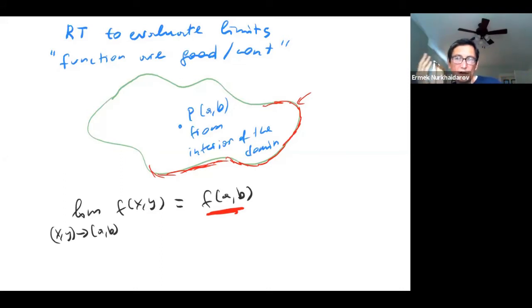So all our regular functions, polynomials, logs, trig functions, as long as we are staying inside of the domain, are going to be continuous. So to take the limit, all we'll have to do is just plug in the limit value, but we have to be inside. Okay. Let me run a quick example to show what I mean.